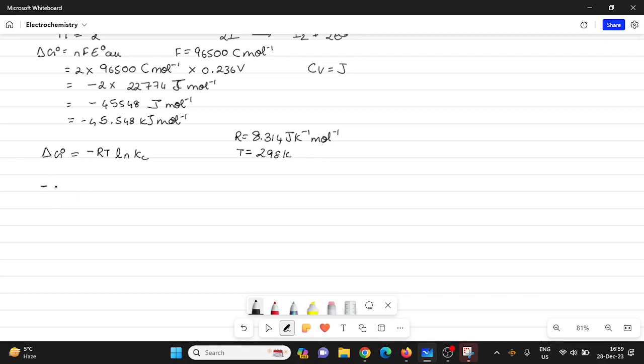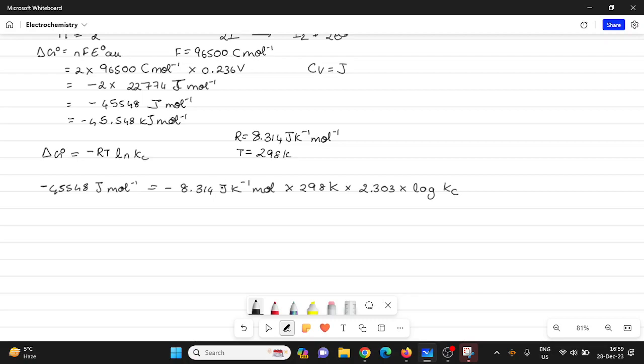So you have minus 45548 joules per mole equals minus R, which is 8.314 joules per Kelvin per mole, into 298 Kelvin into 2.303 into log of Kc, because you're converting ln to log.